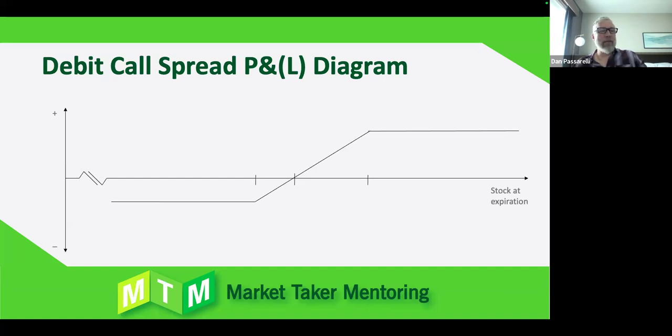Well, figure if I own the 85 calls, if the stock is above 85, I could exercise my 85 calls and buy the stock at 85, lower than where the market's trading, right? But I paid 90 cents for the spread. So 85 plus 90 is $85.90. That is my break even. If we're above 85.90, I win. If we're below, I lose.